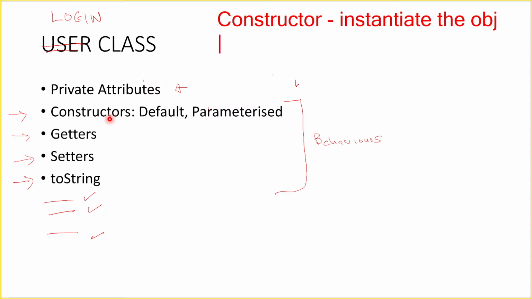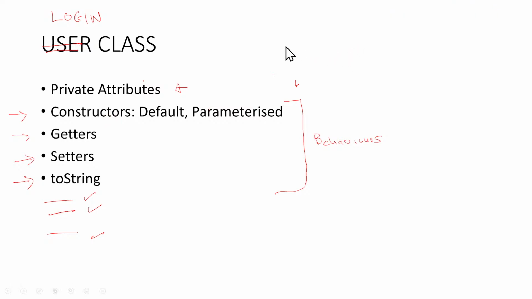What does that mean? When you instantiate the object, apart from setting memory in the computer, you are also setting values for your object. So that's what the constructor does. It gives your attributes values.